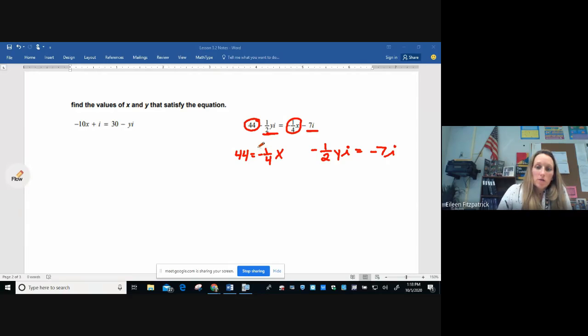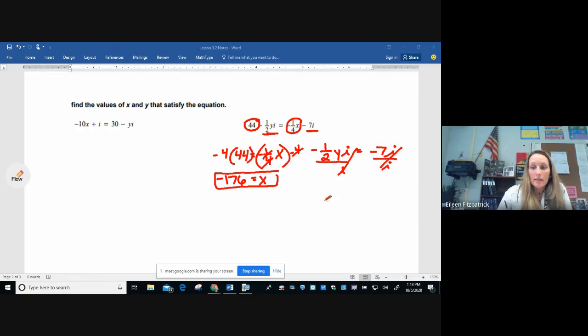All right, so I'm going to multiply both sides by the reciprocal, so it's a negative 4. Multiply this side by the reciprocal, negative 4. So the fraction cancels with the negative 4 over there, and you're left with negative 176 equals x. Now, the easiest thing to do here is first just divide both sides by an i. I see that they both have an i, so if I divide by i, the i's are eliminated.